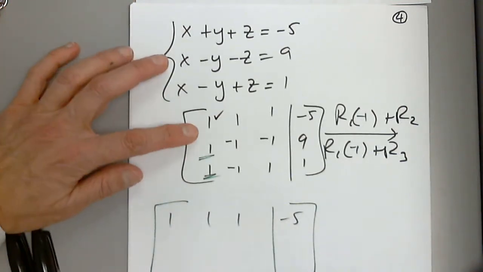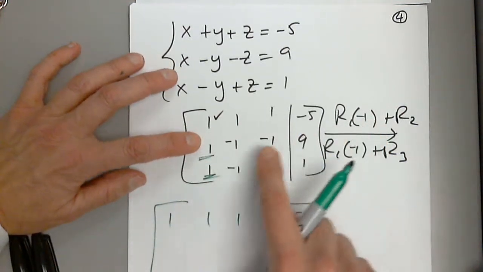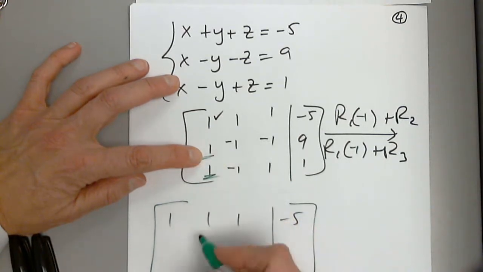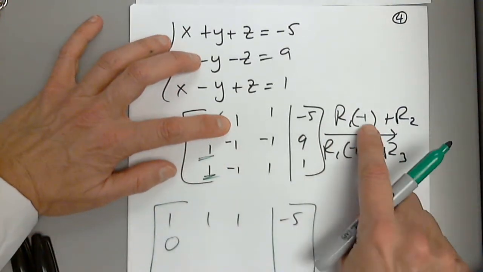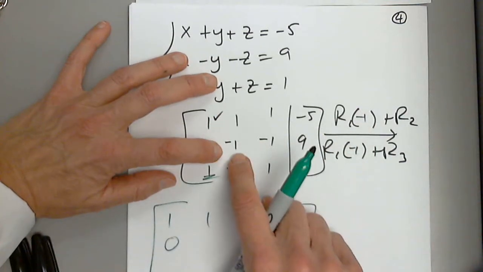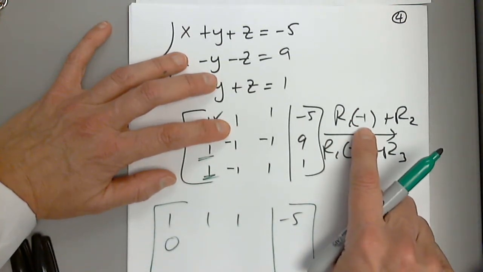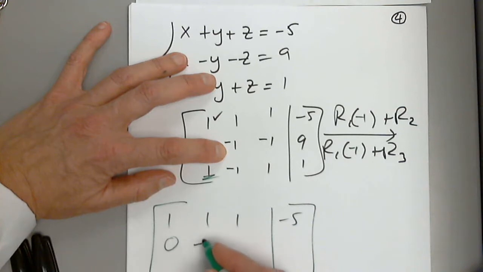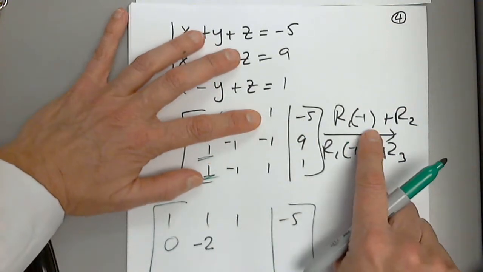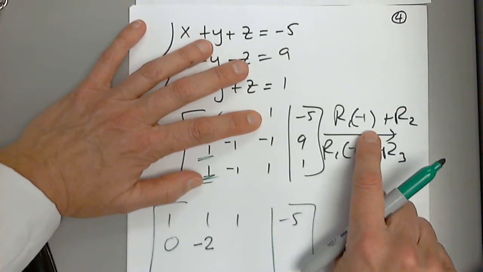Let's do this together. 1 times negative 1 plus 1. 1 times negative 1 minus 1. 1 times negative 1 is negative 1. Negative 1 minus 1 is negative 2. 1 times negative 1 is negative 1.